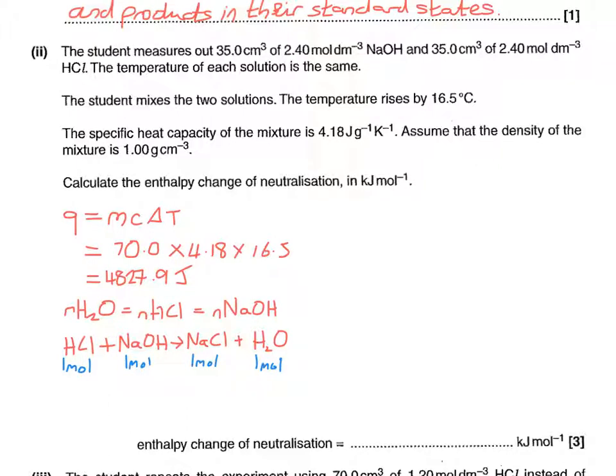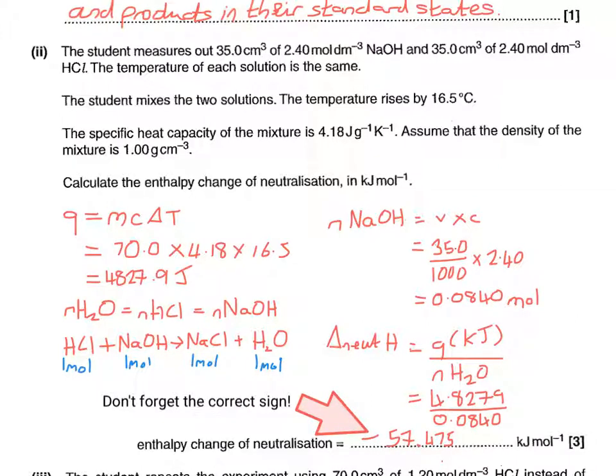Because everything is equimolar, we can assume that the number of moles of water upon which our enthalpy is going to be based is the same as the number of moles of HCl and the number of moles of NaOH. So the number of moles of sodium hydroxide, for example, is going to be 0.0840 moles.